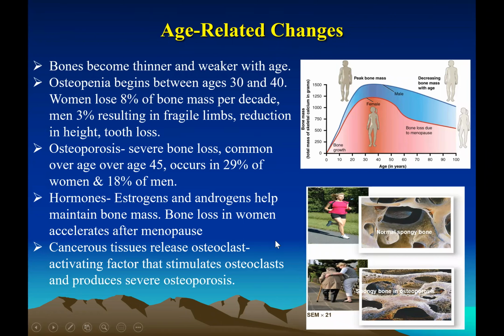Cancer also has an adverse effect on bone density because cancerous tissue activates osteoclast stimulating factors that can lead to osteoporosis. So here you can see healthy spongy bone, whereas in osteoporosis you can see all the holes that make the bone much less dense and weak, and it's easy to break then.